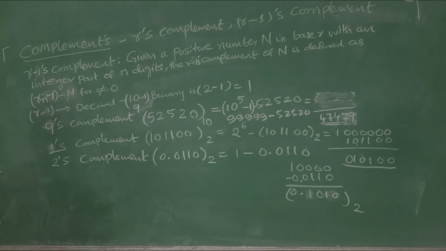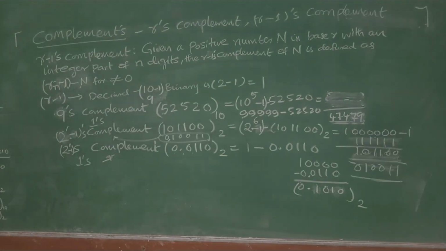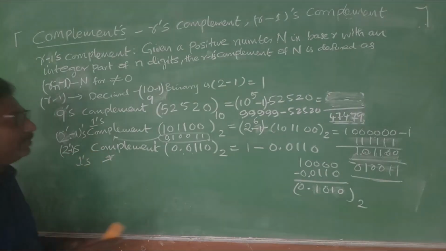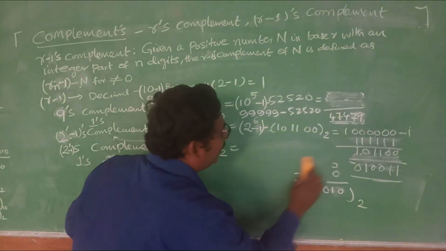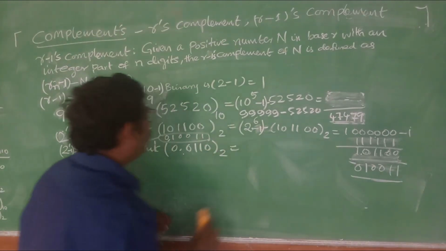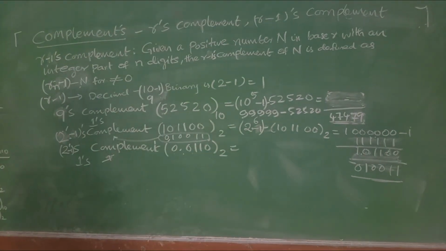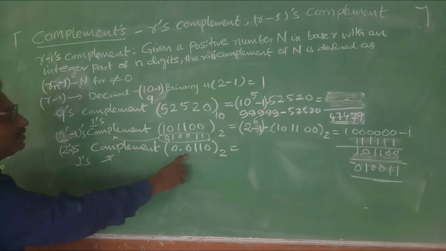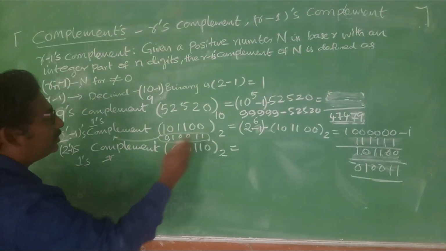Now 2 minus 1, that is 1's complement for the real numbers. For real numbers there will be a little difference. The real number is 0.0110 base 2.